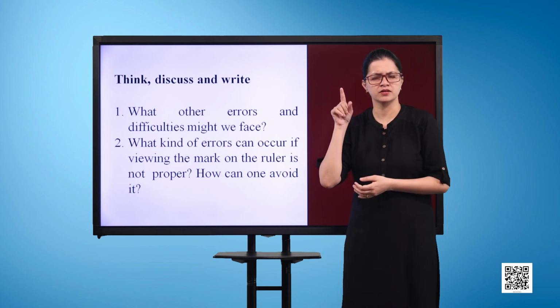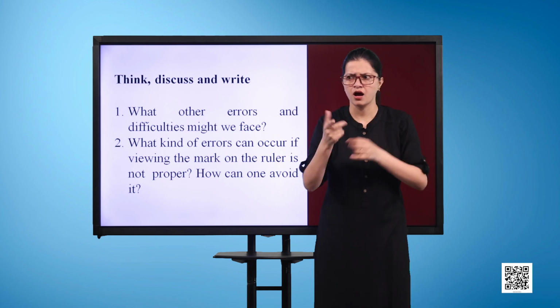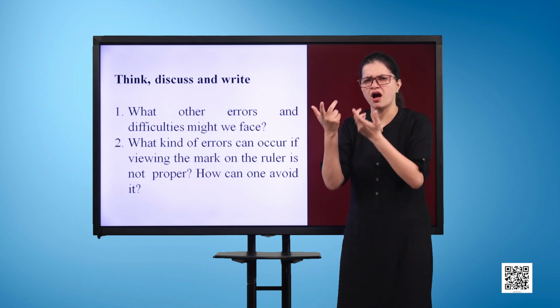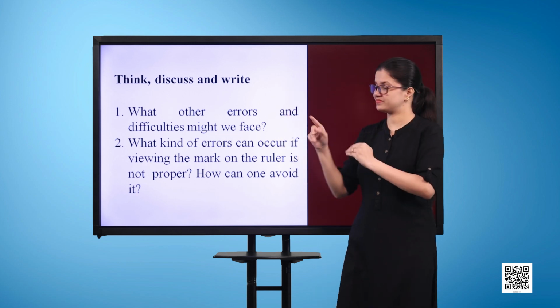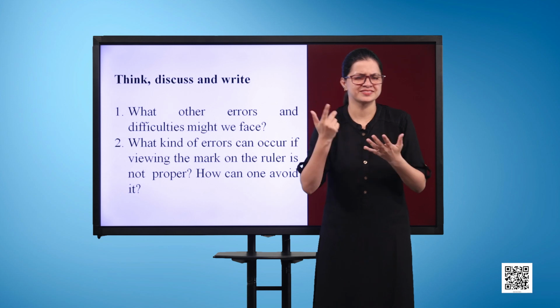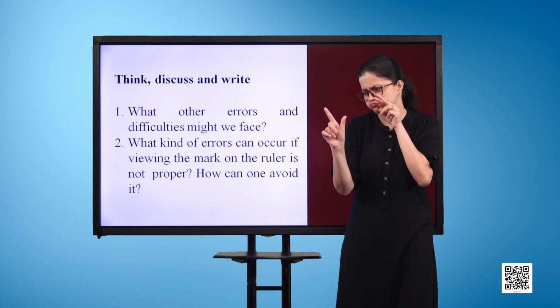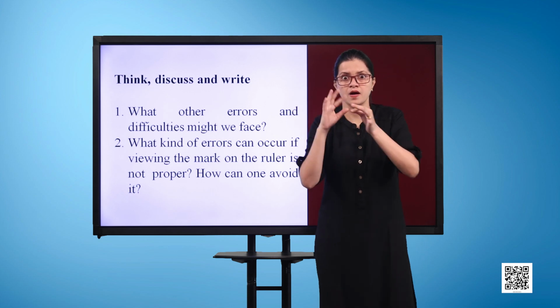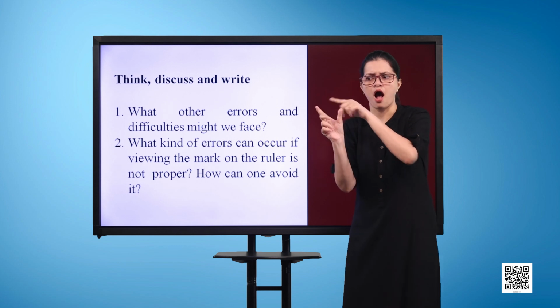One. What other errors and difficulties might we face? Two. What kind of errors can occur if viewing the mark on the ruler is not proper? How can one avoid it?